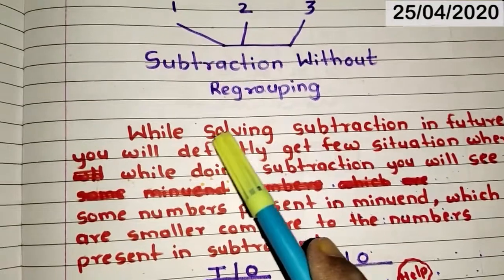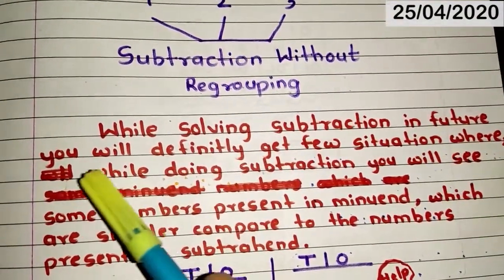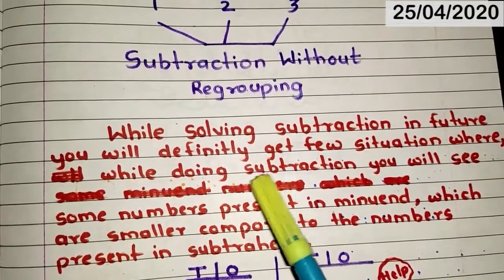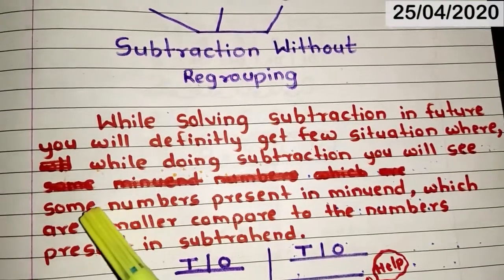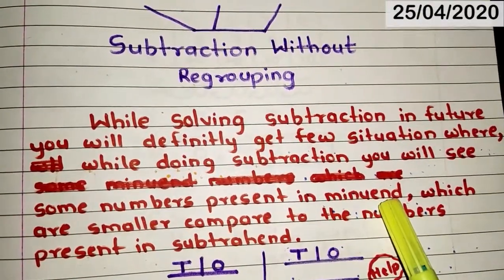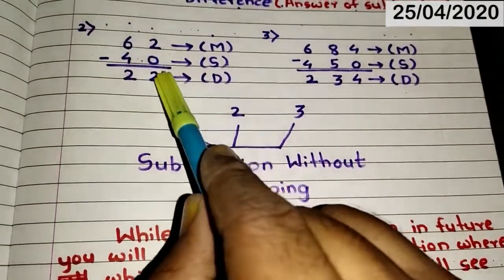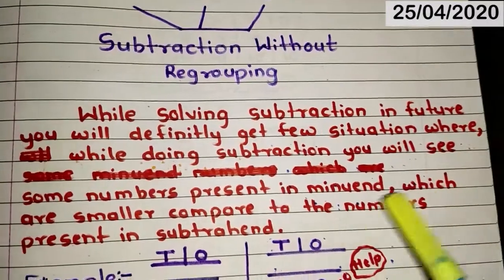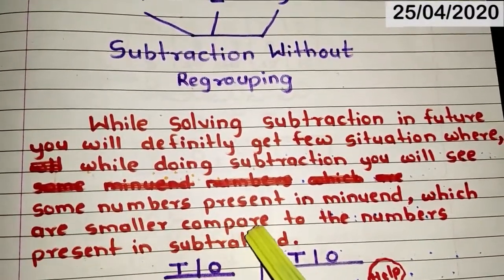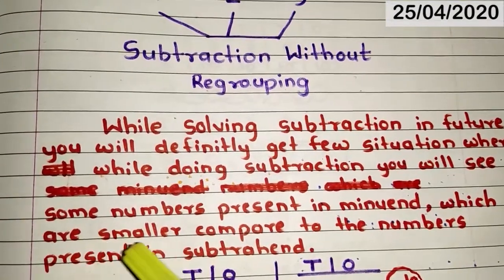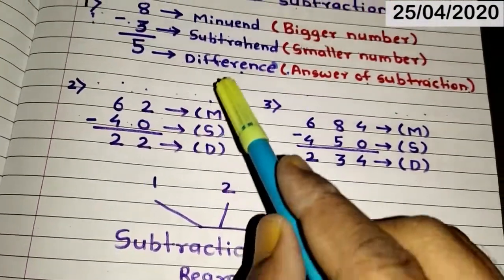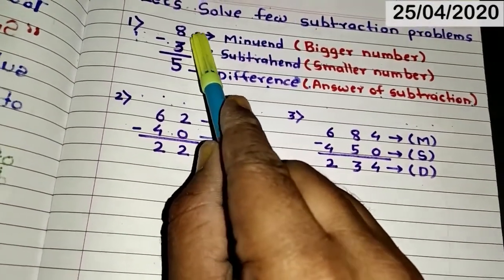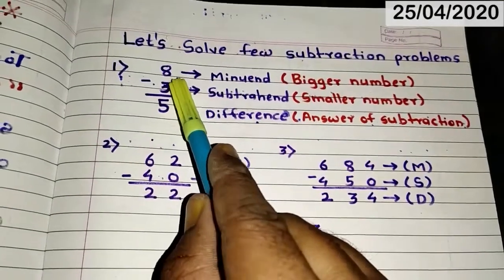Now while solving subtraction in future, you will definitely get some situations where some numbers present in the minuend, the bigger number, are smaller compared to the numbers present in the subtrahend. Which is our subtrahend? This is our subtrahend. So in future you will get numbers in the minuend which are smaller than in the subtrahend.